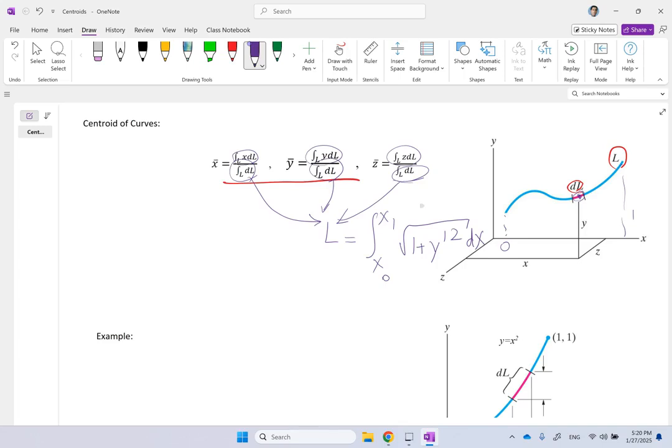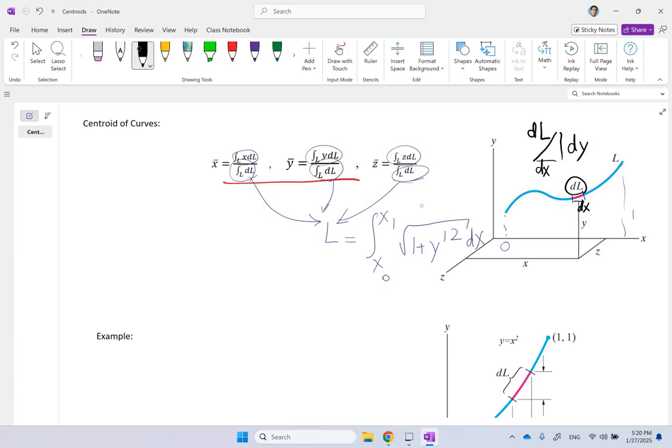And that is not very hard to show, because if I say, what is this dl, what would you say? What is dl here? Well, in general, it can have three elements, a dx, a dy, and a dz, correct? So it's a 3D curve, and this 3D curve has three components. Now, for 2D curves that this formula applies, your dl has only a dx and a dy.